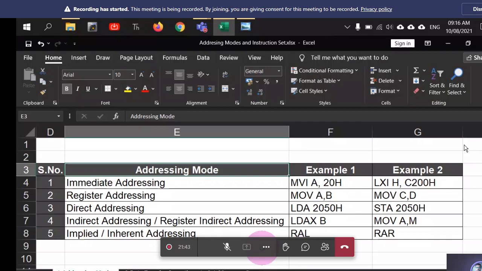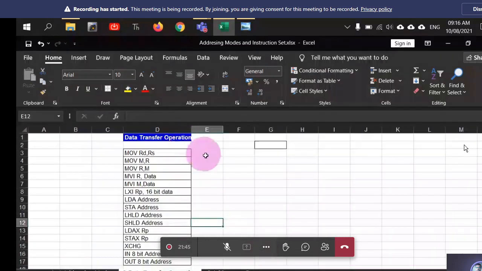In 8085, we have grouped the commands into various types. Some of them do data transfer operations, some do arithmetic operations. The group you see on the screen now is the data transfer group, so let me discuss the commands one by one here.